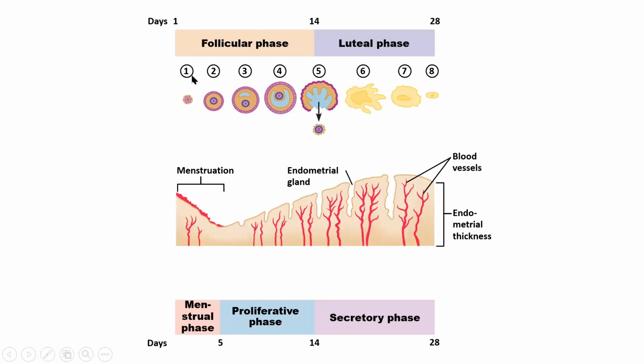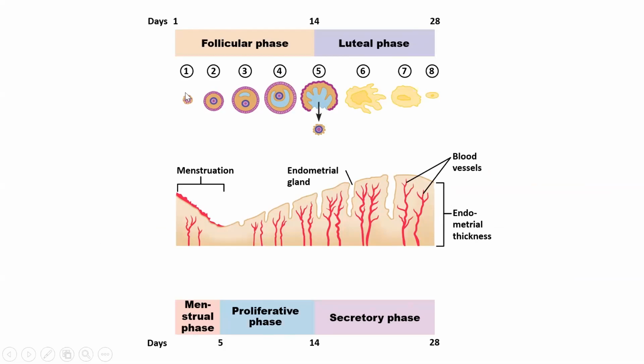So this is a very useful, very helpful kind of timeline here. And what we're seeing is day 1 to 28, so the full menstrual cycle, and we're able to compare the events in the ovaries, which is called the ovarian cycle, to the events in the uterus, which is called the uterine cycle.